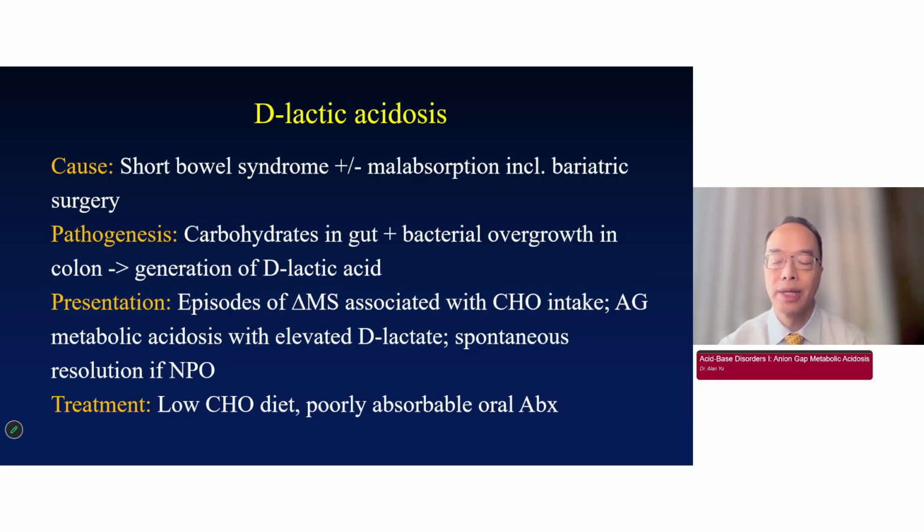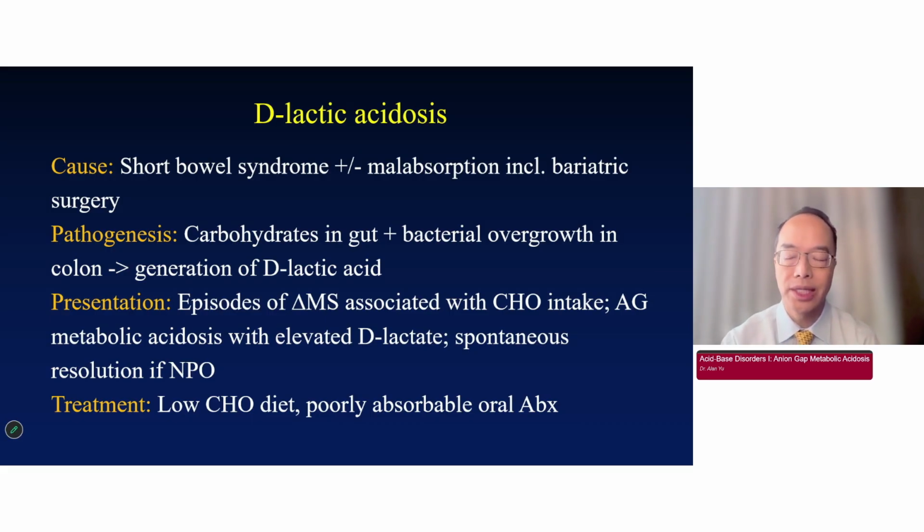These patients typically come in and out of the ER. When they come in, they are made NPO, and then they recover because this condition can only persist with persistent enteral carbohydrate intake. And so there's spontaneous resolution.